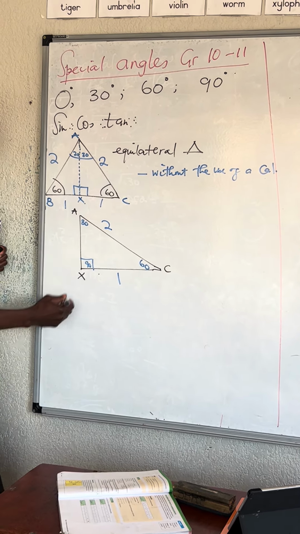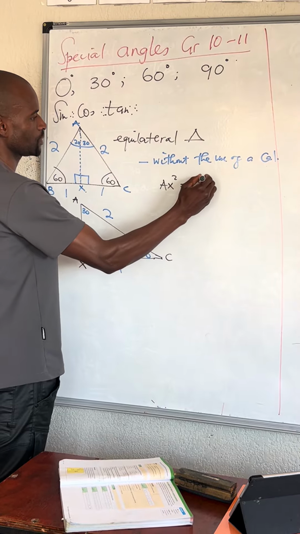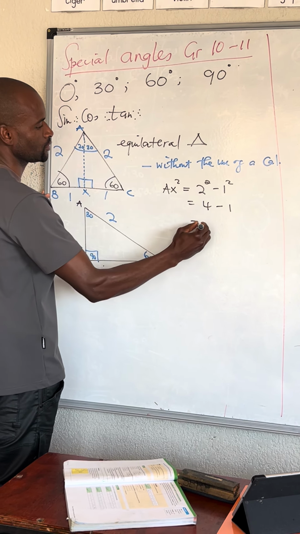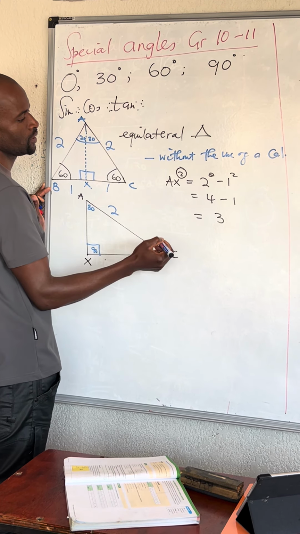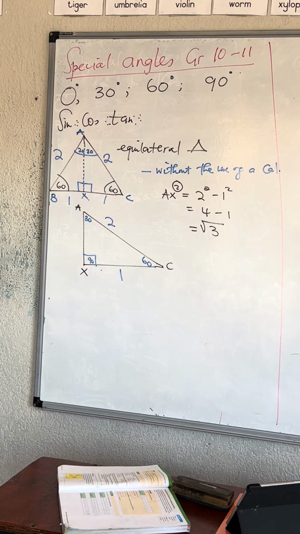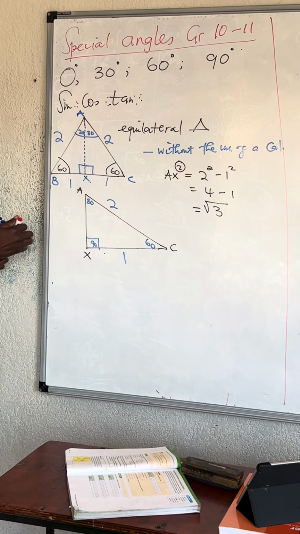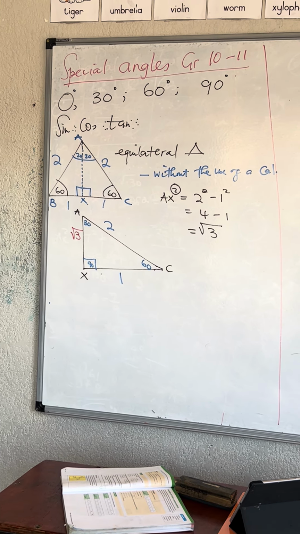So we can calculate our AX. AX squared is equal to 2 squared minus 1 squared, which is equal to 4 minus 1, which is equal to 3. Because of this square, we take the root, so AX is root 3.